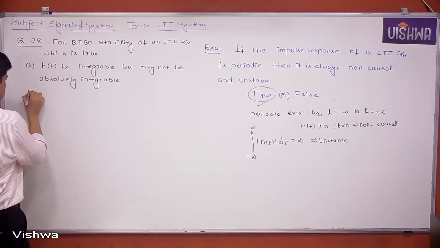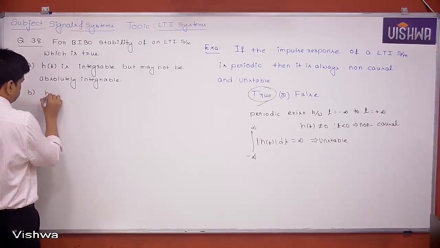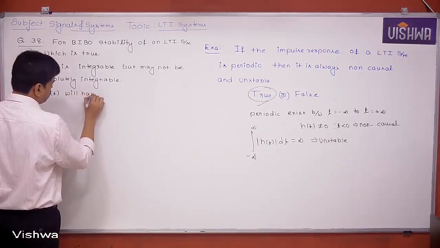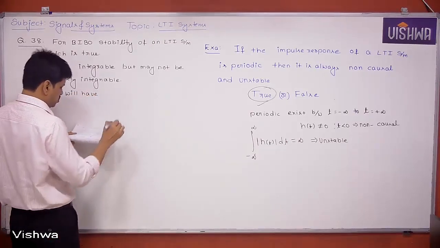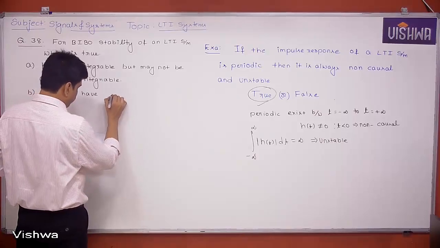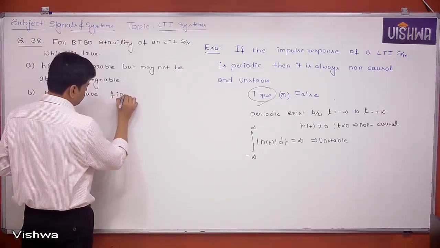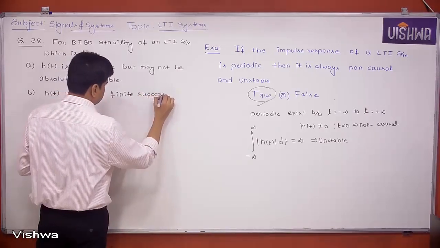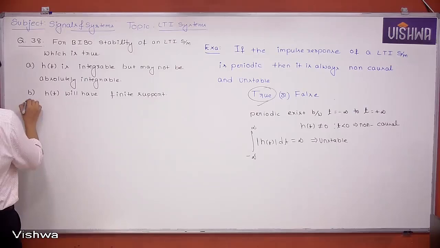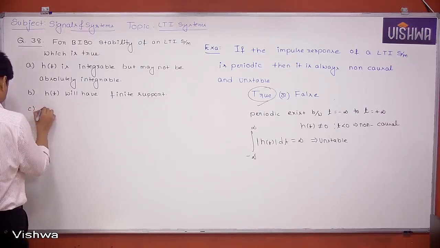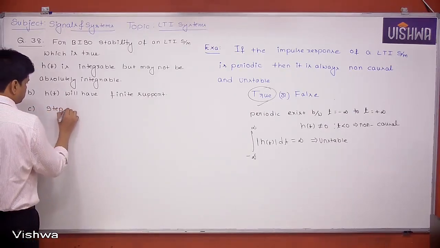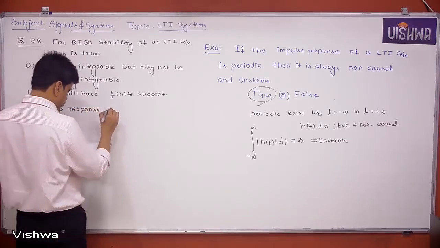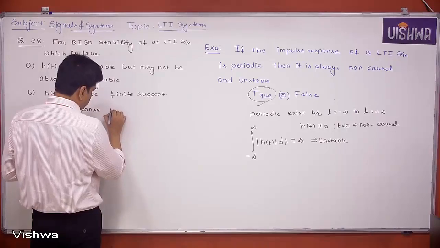Option B. h of t will have finite support. Option C. Step response will be absolutely integrable.